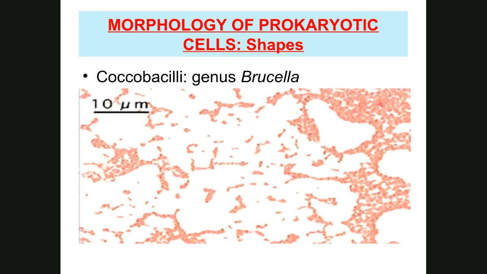A coccobacillus is a tiny little rod, which when you look at it, you're going to say, oh, this is a cocci. Well, it's not a cocci. It's a tiny little rod. The way you can tell them apart from a real cocci is that when you have more than one side to side, or in a line, you're not going to have a pearl necklace. You're going to have a line.